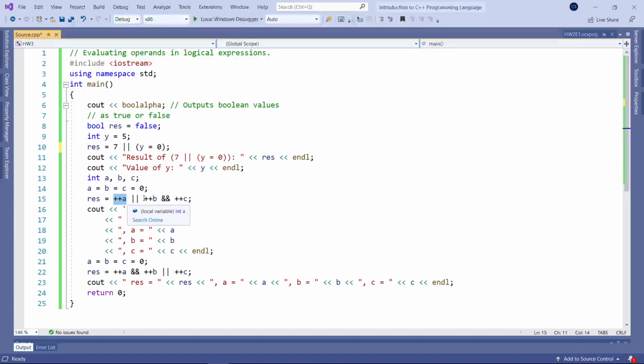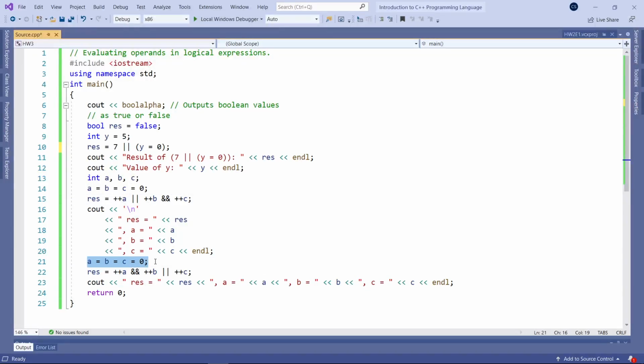And you might think that we are also incrementing B and C. But once you realize that we have the OR operator, once we get a 1 here, that equals true. And because that's true, the rest gets ignored. So B is still going to be 0, C is going to be 0, and that's what you're going to see printed out. So then we go ahead and we reset those again to 0.